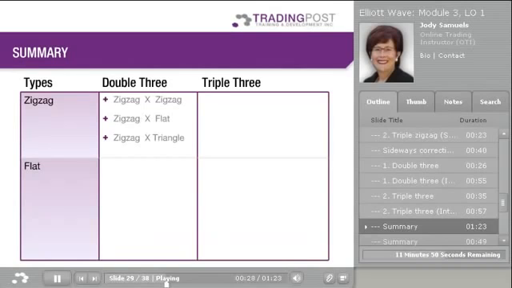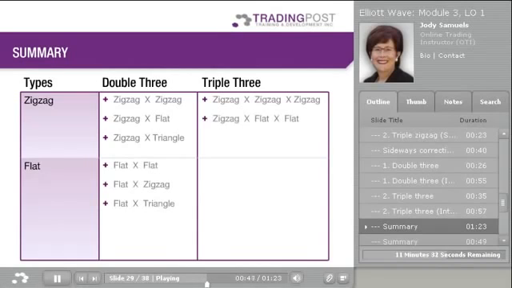Possible flat double three combinations are flat-flat, flat-zigzag, and flat-triangle. Possible zigzag triple three combinations are zigzag-zigzag-zigzag, zigzag-zigzag-flat, zigzag-flat-flat, zigzag-flat-zigzag, and zigzag-flat-triangle.